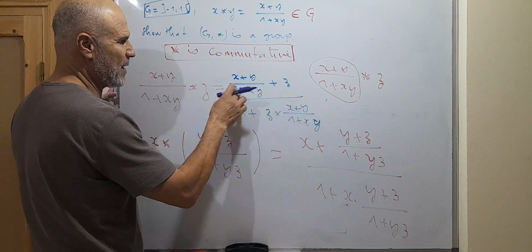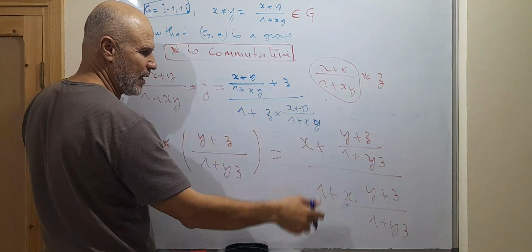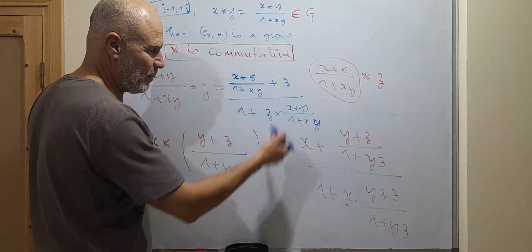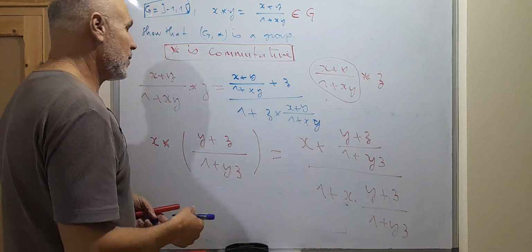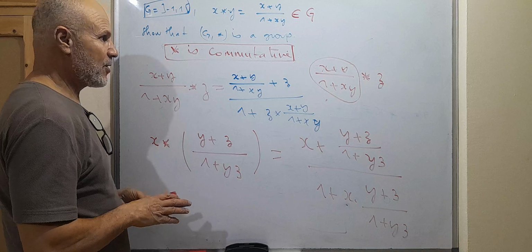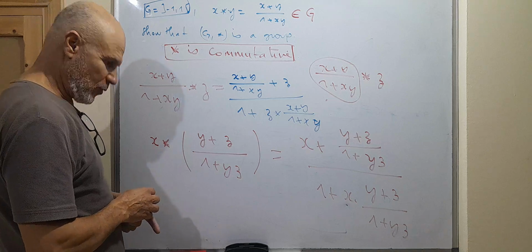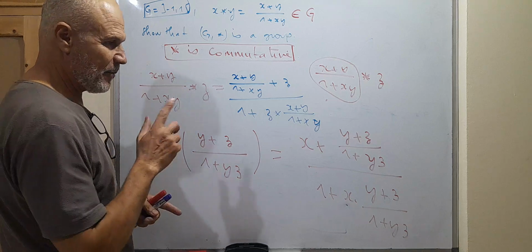We cancel 1 + xy with 1 + xy, and it will be equal. So this is a group, actually a commutative group. I finished. Thank you very much. See you next time.